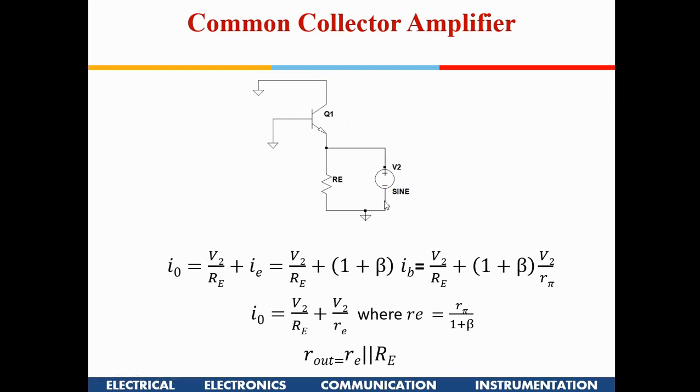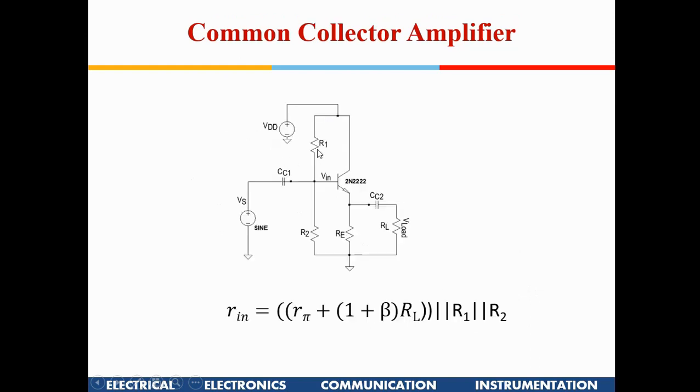Why V2 divided by R pi? What is the voltage across this? The voltage across this is V2, right? This is ground, AC ground. This is an AC equivalent circuit, so I have removed all the DC components. Because you have a source here, I ground this, since I'm applying a voltage here and this capacitance is going to be grounded.